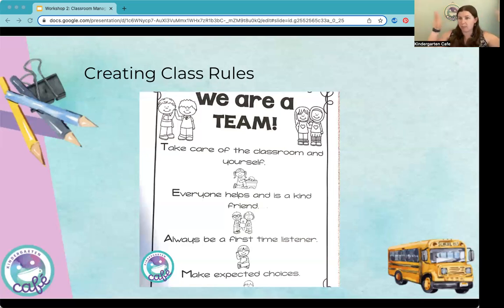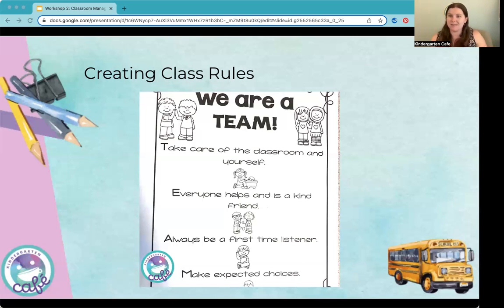So I have kids brainstorm a ton of rules. Then the next day we narrow it down, like, these kind of go together. This is kind of a category, because we talk about how that's a ton of rules to remember. That's going to be hard. Well, what if we grouped them together? And so then it very nicely just ends up being in these categories.